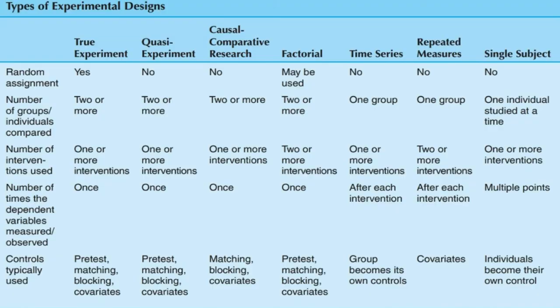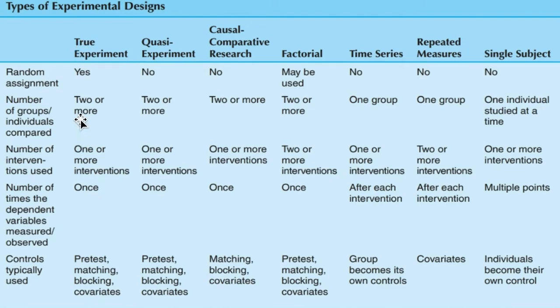Now, there are 3 useful tables in the chapter that I think will be very beneficial to hold on to going forward. One is what's involved in the different types of experimental designs, right? And so you have random assignment, whether it happens or not. And again, it only happens really in a true experiment, although it can be used in factorial. Factorial can fall into any one of these.